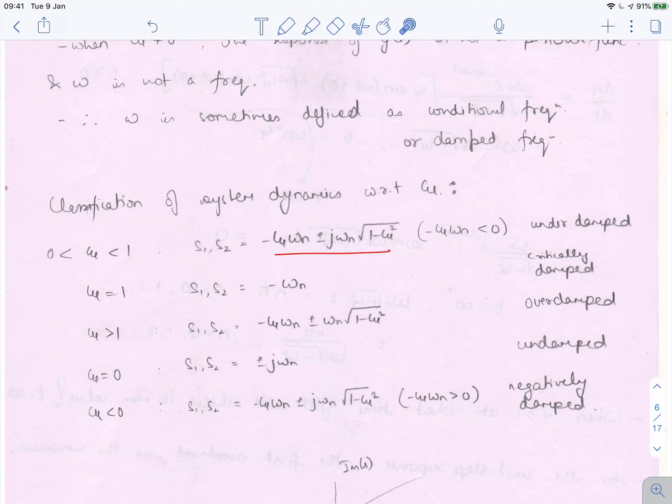When S1 and S2 are repeated roots, where xi is equal to 1, we call it critically damped. For xi greater than 1, we won't have the imaginary terms here, so those responses are called the overdamped response.